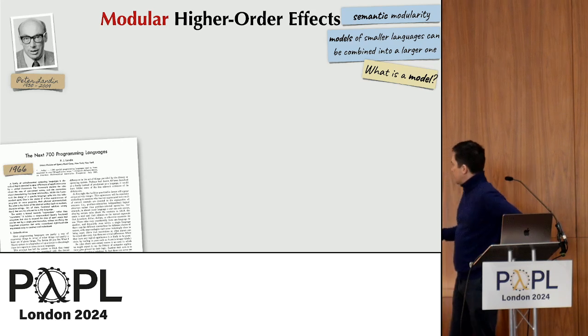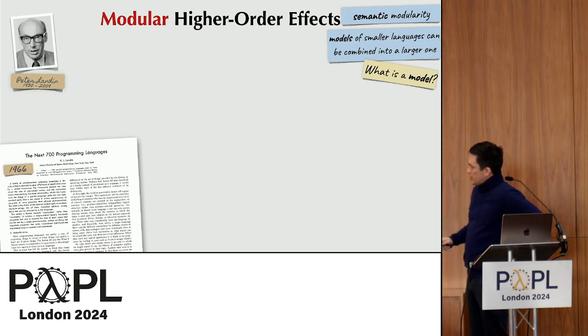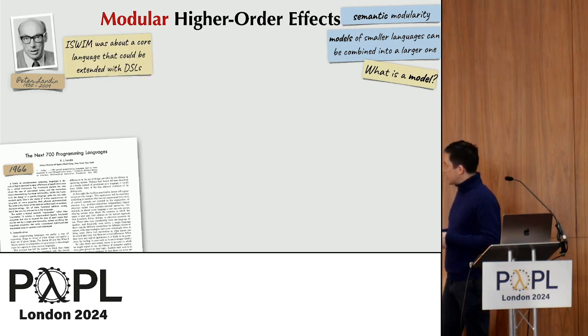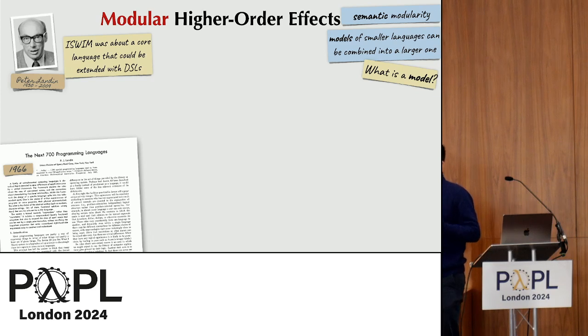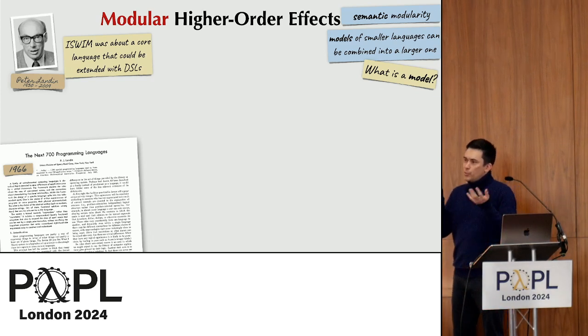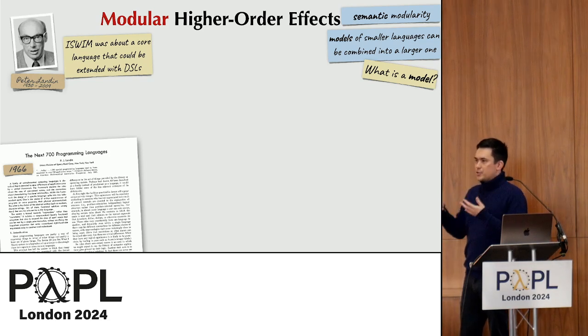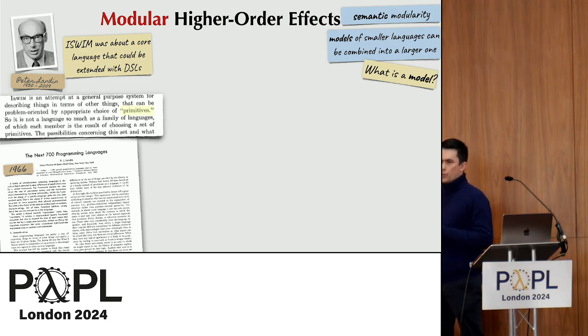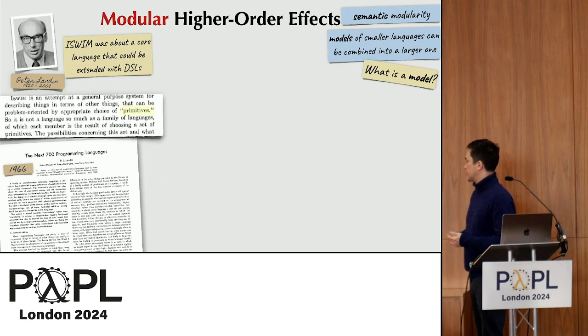He didn't quite invent models, but in the Next 700 Programming Languages paper, his idea was that there are 700 languages because what you want in programming language design is a core language, which he calls ISWIM, which stands for If You See What I Mean. And that language should be extended with lots of small domain-specific languages, each for its particular use. So he thinks that these DSLs are what he calls the primitives of the domains that we're interested in. So that's in 66.